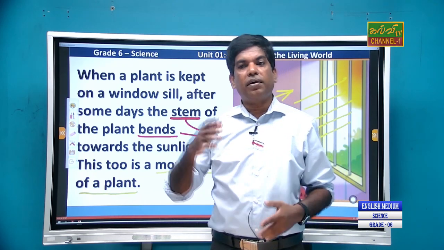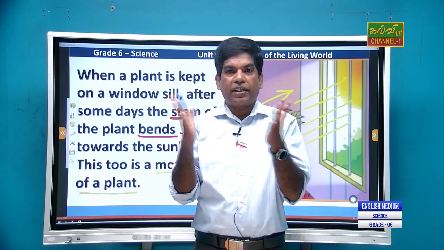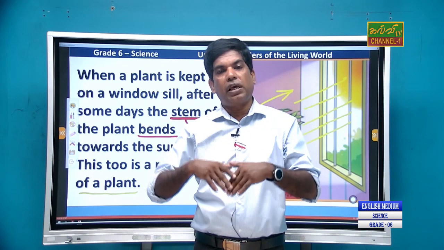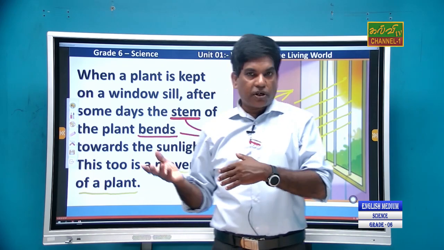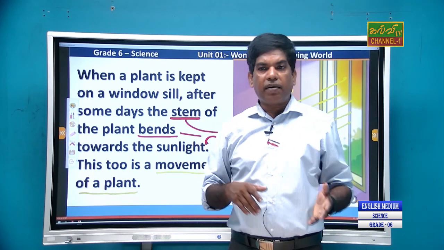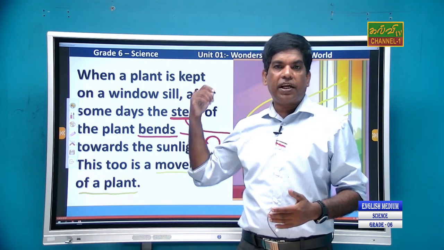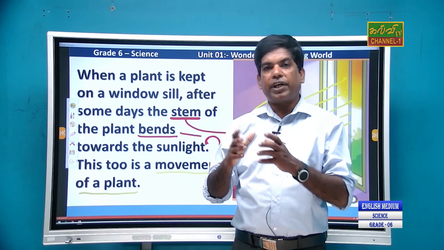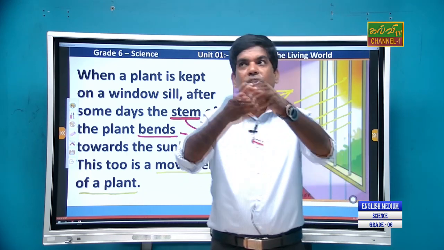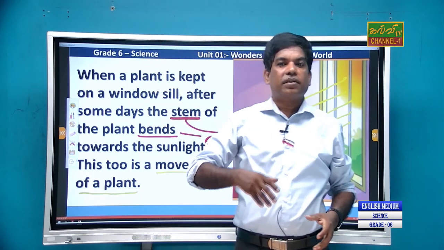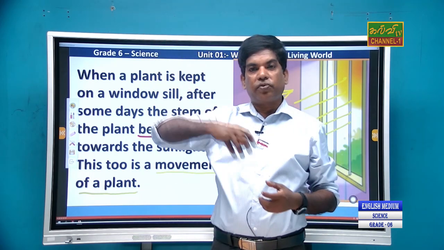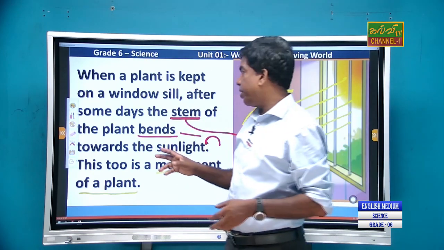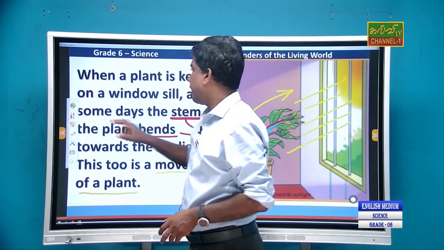Some plants show fantastic movement in the daytime, then at night time they sleep. That is also a kind of movement. Another one we studied here is the plant stem which always directs to the sunlight. They also like to reach towards the sunlight. That is also a kind of movement. We will go to the next slide.